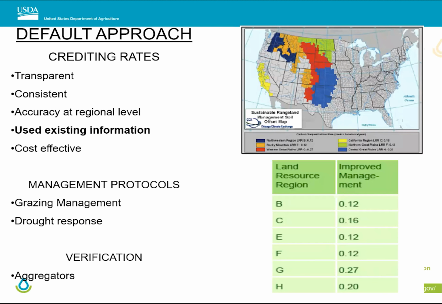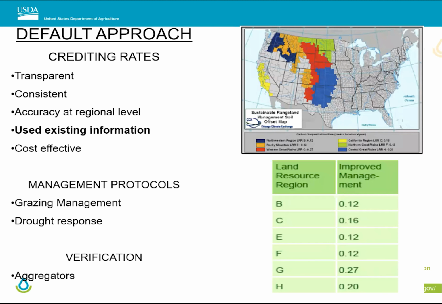And then finally, verification was largely the province of aggregators. And these are independent companies that worked as consultants to verify that those numbers that we came up with were correct, and that the management protocols that we were interested in and that producers signed contracts to actually do were actually happening.